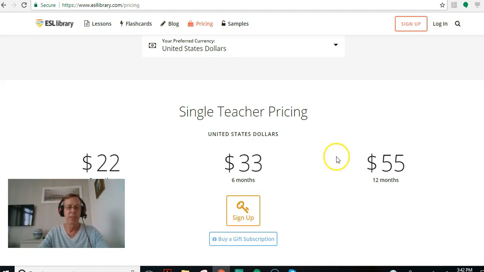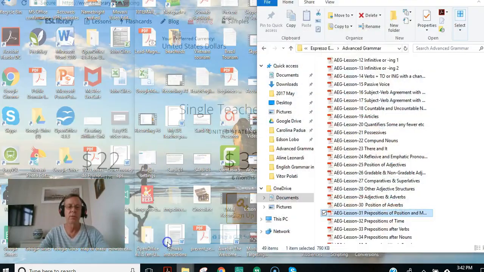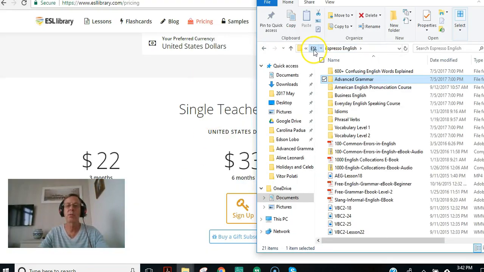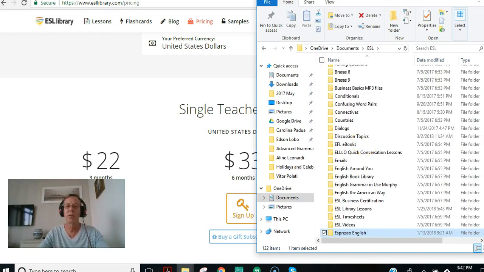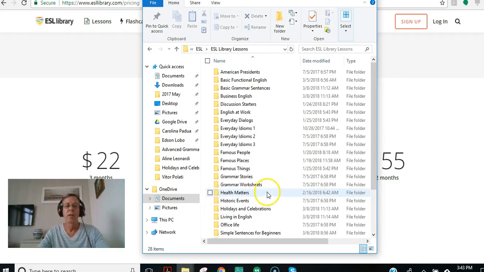To show you the materials that they use, I think it's easier just to go onto my computer here. So we'll go to the files here, Espresso Materials, ESL, and over here to ESL Library. All right. So they have lots of materials.